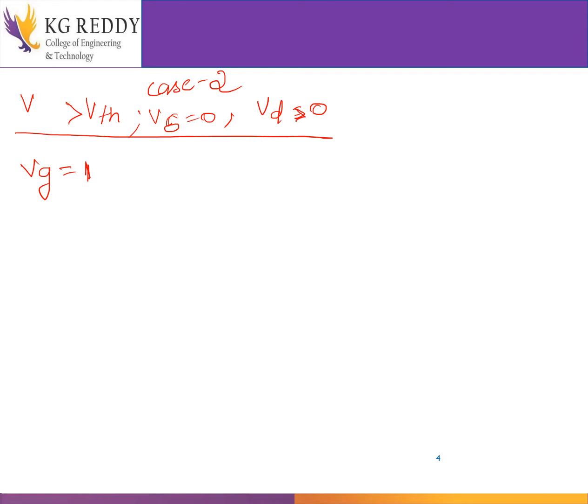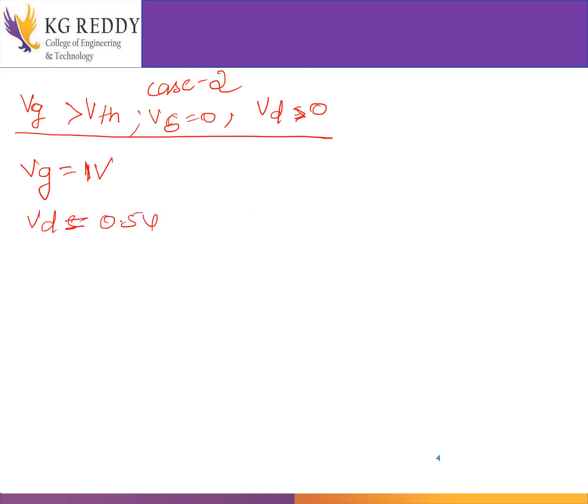Vg is equal to 1, and assume, this is our assumption, Vs is equal to 0.5 volt.